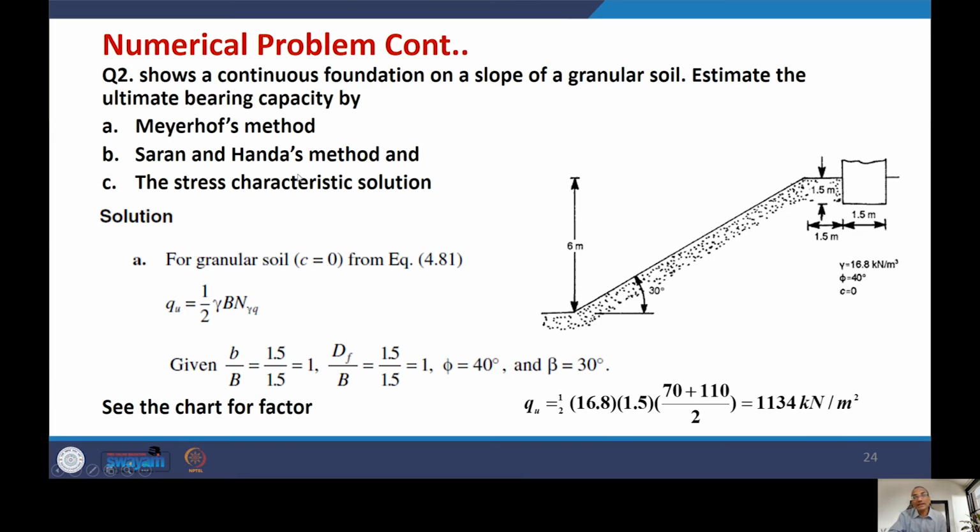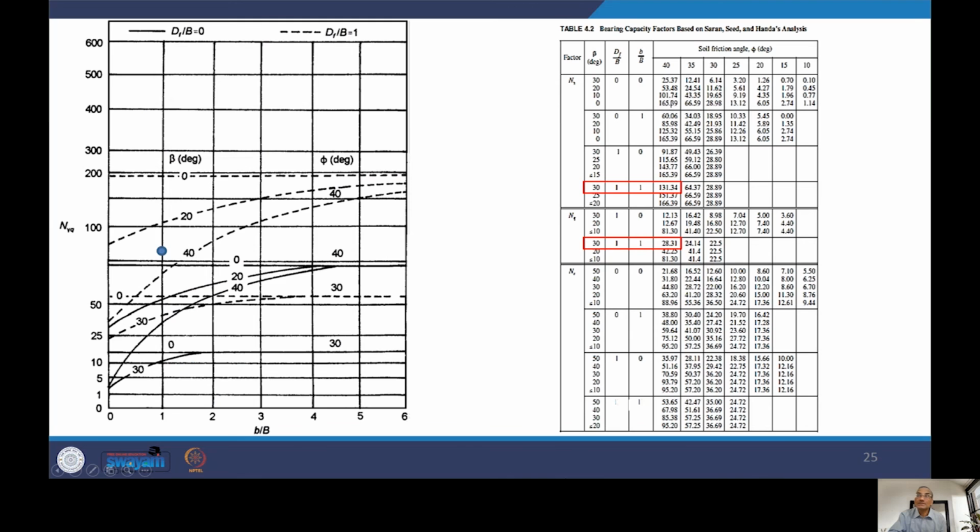Now coming to Saran and Handa's method and using this dimensionless parameter. First of all, see that c equal to 0, so we don't require N_c. We require N_q and N gamma in Saran and Handa's method, and the value of phi equal to 40 and beta equal to 30 degrees. So we use phi equal to 40 degrees, that means the first column, and beta is given as 30.